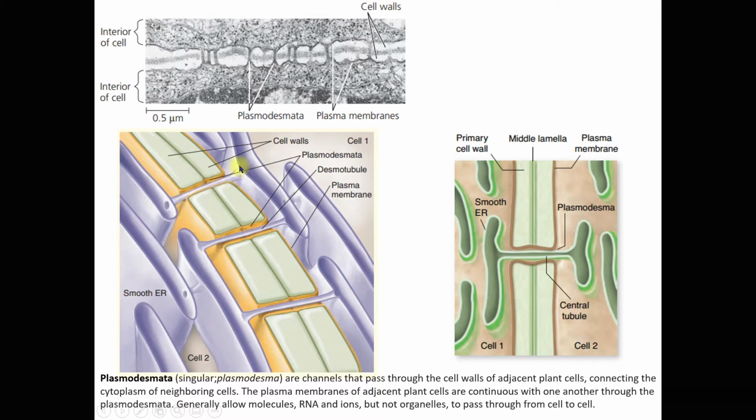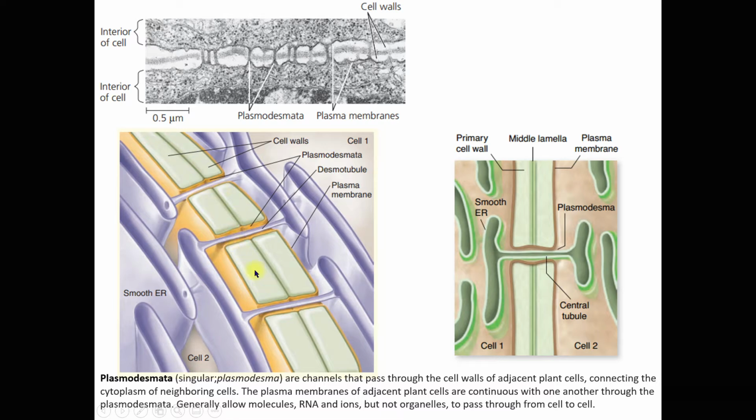Nampak plasmodesma ini. Dia pun ada plasmodesma ini, tapi plasma membrane cell 1 dengan plasma membrane cell 2 dia connected. Okay. Dan ini ialah cell wall, cell wall untuk cell 2. Yang ini pula cell wall untuk cell 1. Okay, nampak tak? Cell 1 punya cell wall.